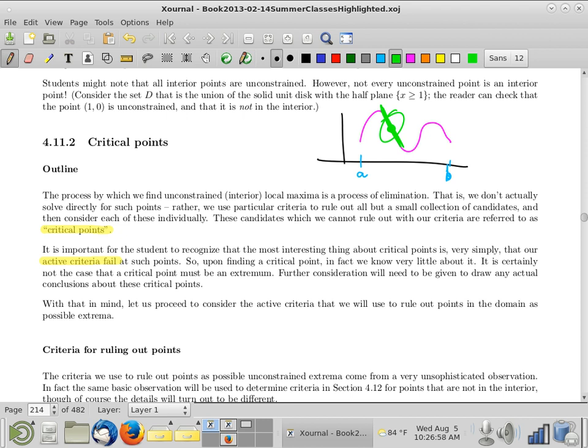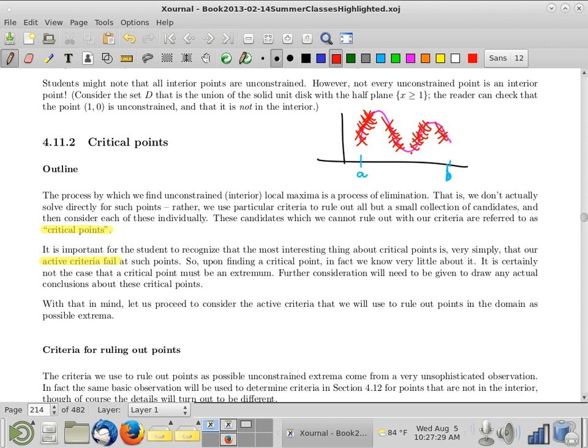Conveniently, most points get eliminated by this method. So I can eliminate all of those points simply by observing that at those points the derivative is non-zero.